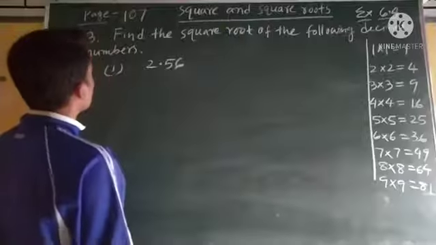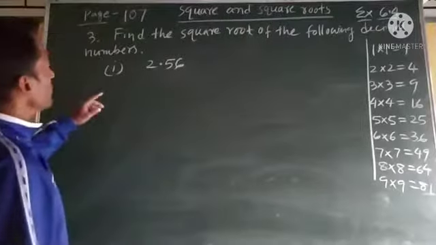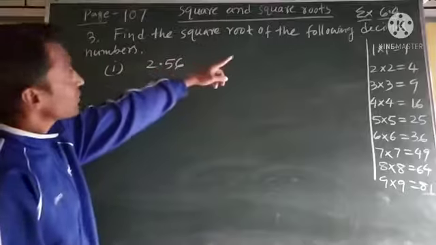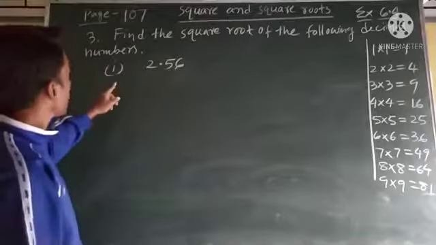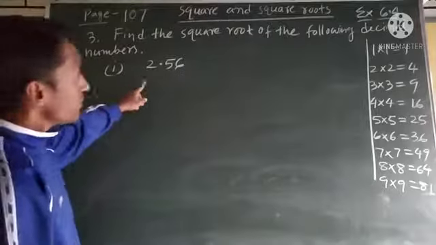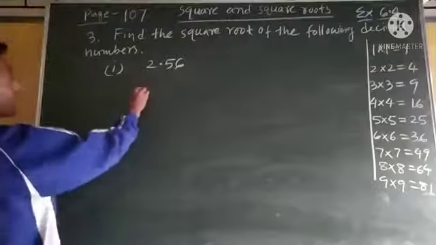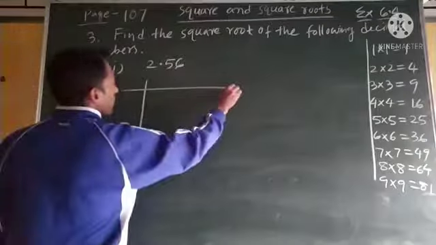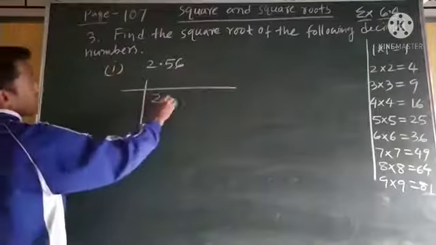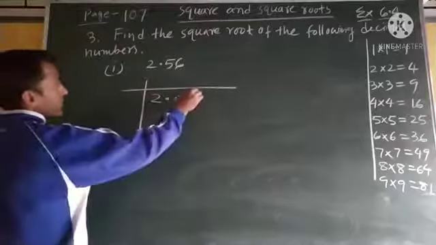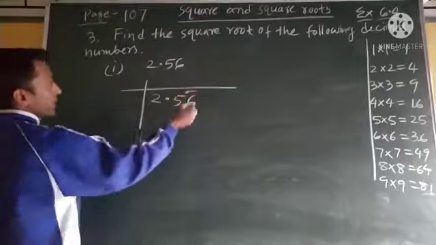Now you see the next question, question number 3. Find the square root of the following decimal numbers. So we will use the division method to find the square root of this decimal number. Like question number 1, we will find the square root. In the same way, like question 1, you make pairs.